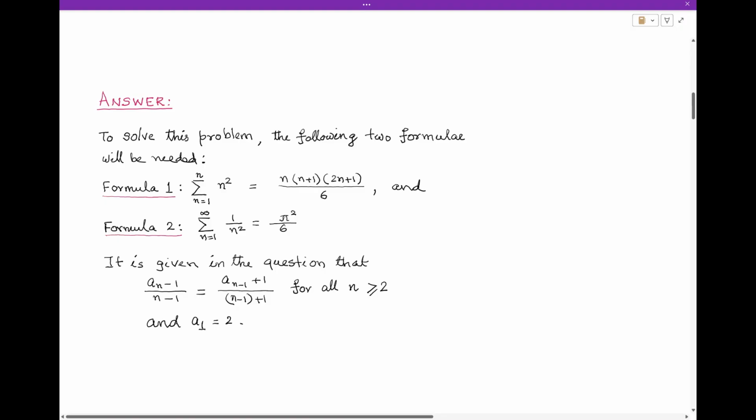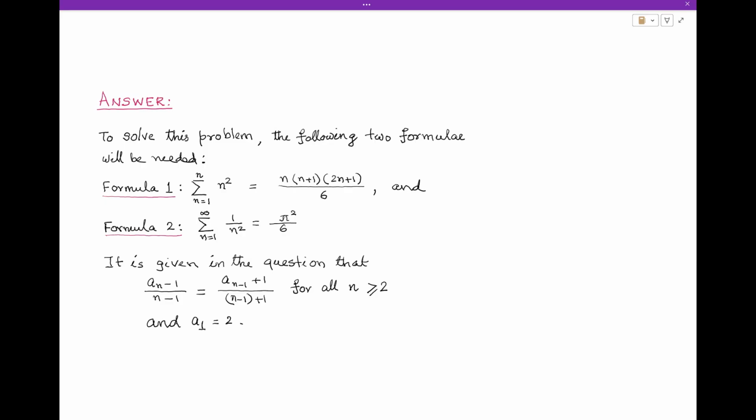To solve this problem, the following two formulae will be needed. Formula 1: summation of n squared when n varies from 1 to n is given as n multiplied by (n plus 1) multiplied by (2n plus 1), whole divided by 6.